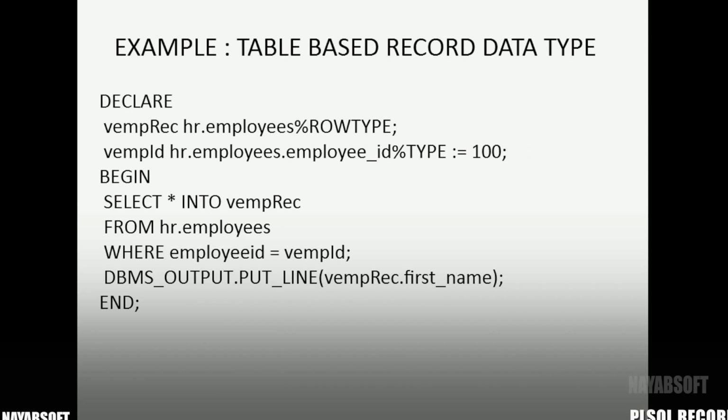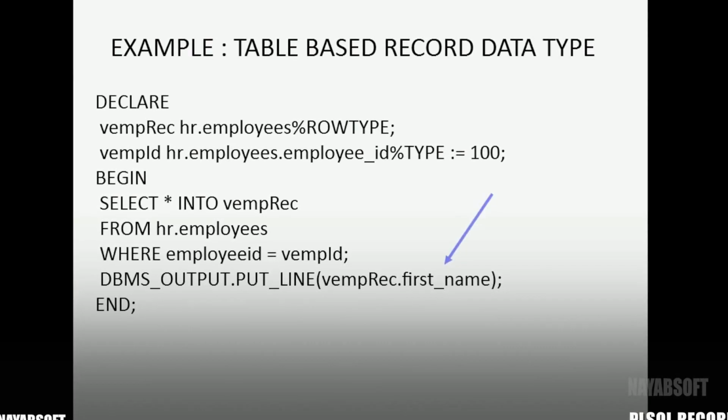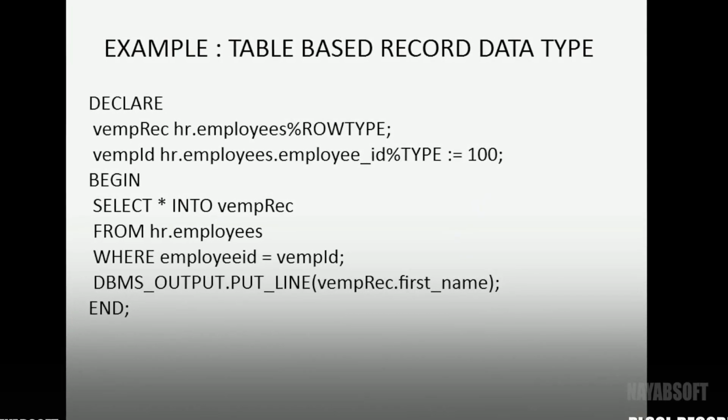In the query, we are querying all the records in the employees table using the asterisk, and in the INTO clause we are assigning these column values to our declared record variable, which is v_emp_rec. So all the column values will be assigned to this record variable, and then we are printing its contents. It's one individual column, first name.